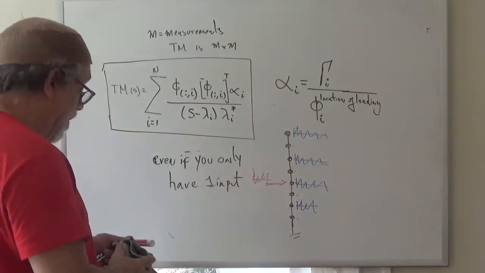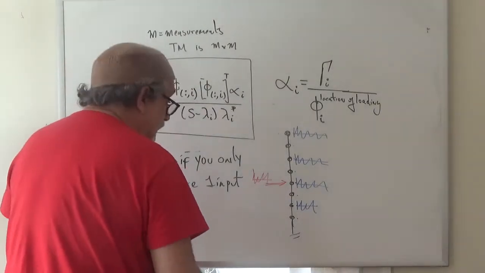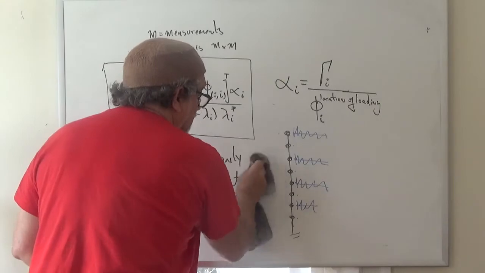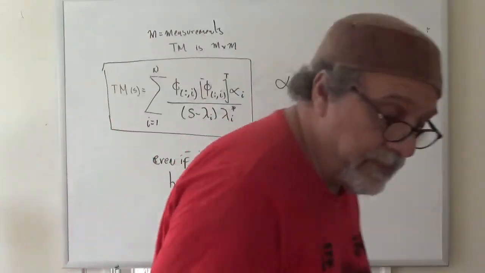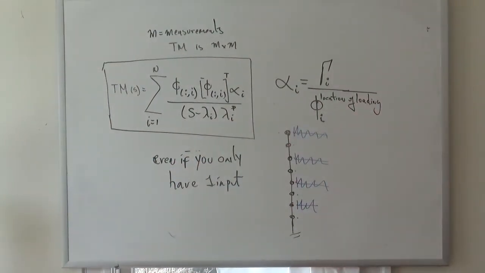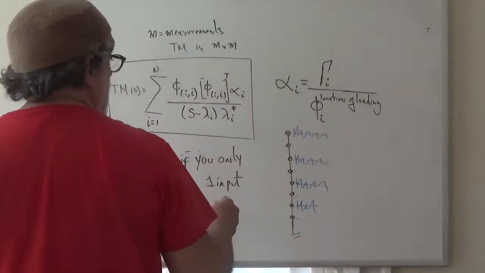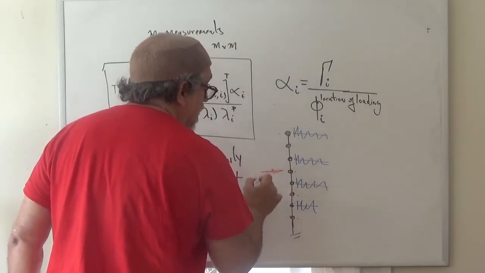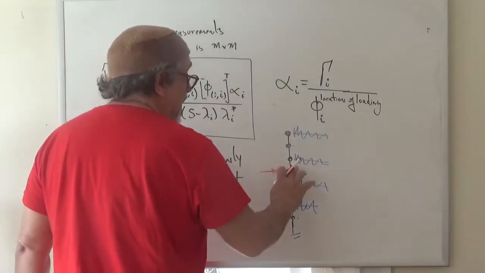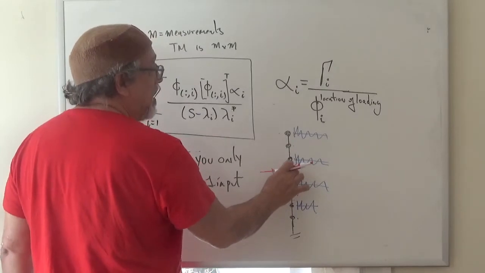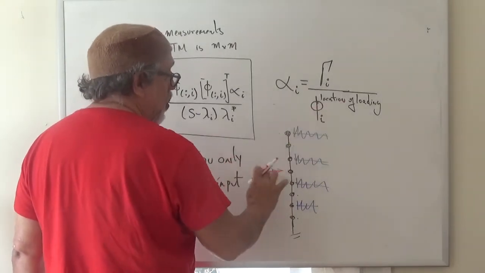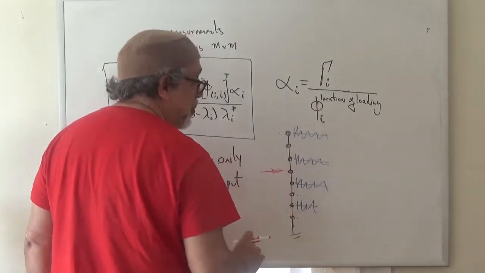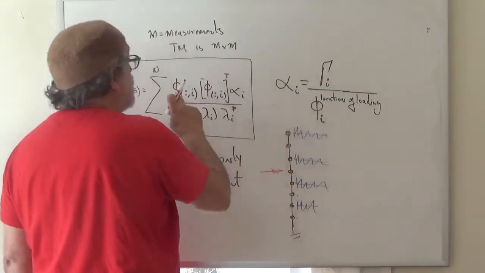If, however, I were to apply the input not at the location where there was a measurement, but for example here, then I do not know what the mode shape is at the location of the input because I don't have a sensor, and I would not be able to use this formula.